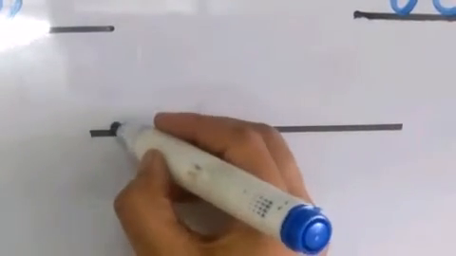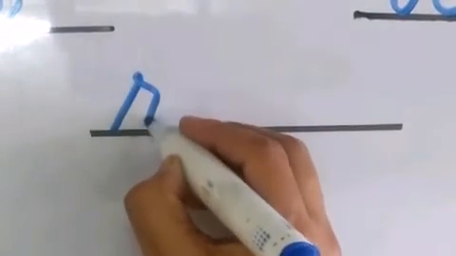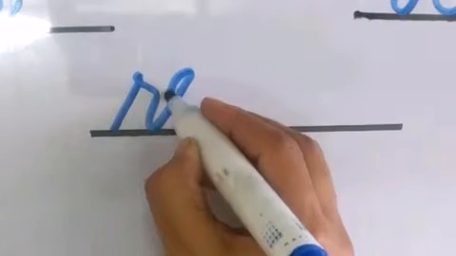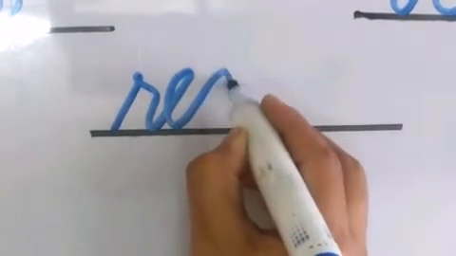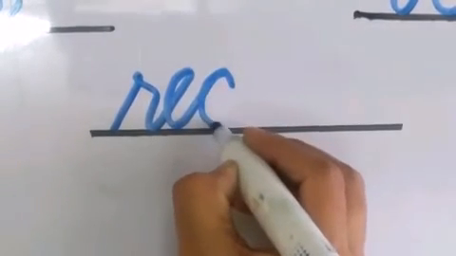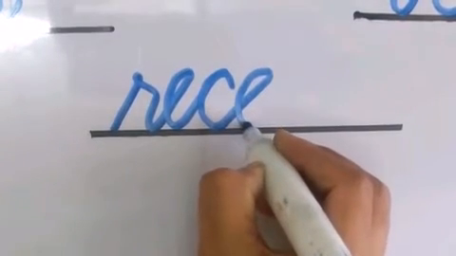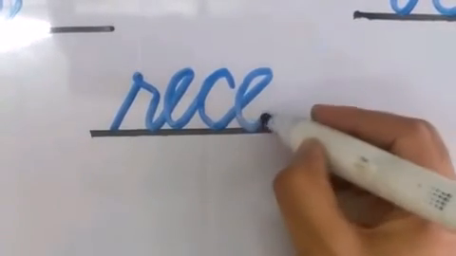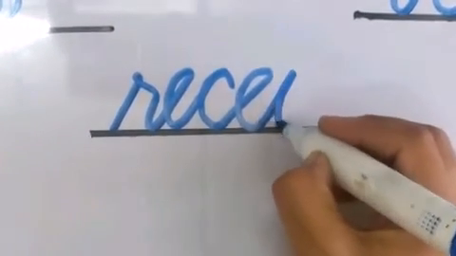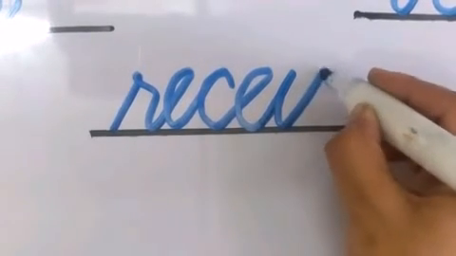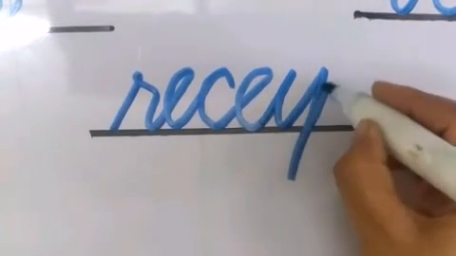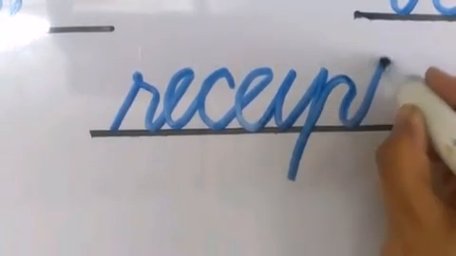Okay, I'm going to write the last word for you, receipt. Formation should be good, equal distance. It's receipt, and P is silent here.